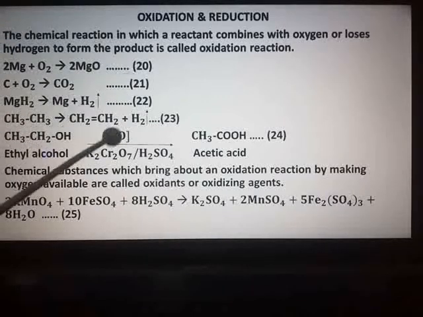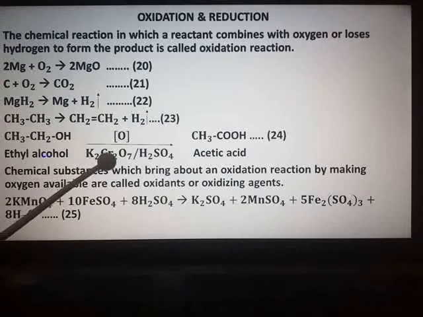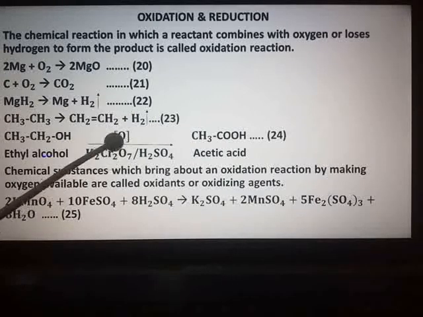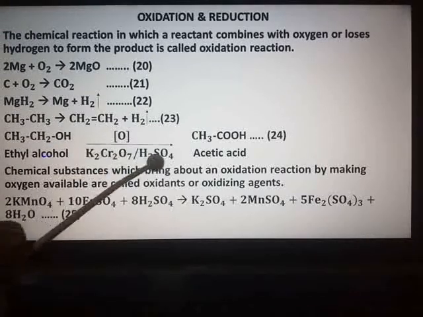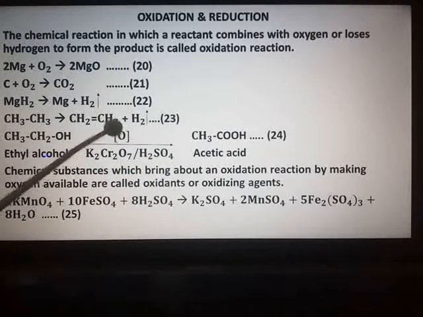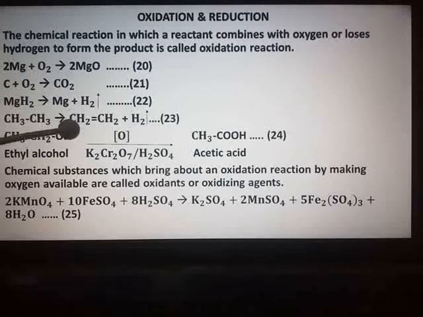Here you can see acidic potassium dichromate, that is K2Cr2O7. It makes the oxygen available for the oxidation of the reactant ethyl alcohol. So here, the oxygen is made available by whom? It is made available by this potassium dichromate.